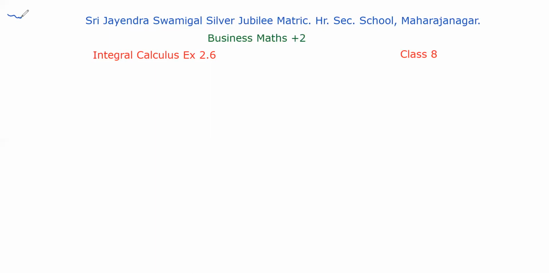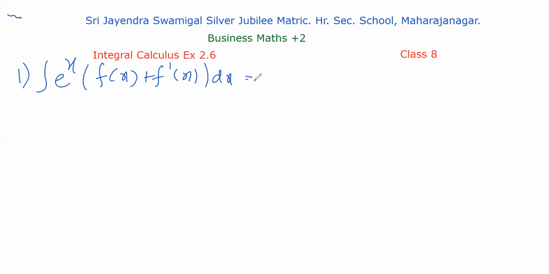So the first formula: integral e power x into f of x plus f dash of x into dx is equal to e power x into f of x plus c.